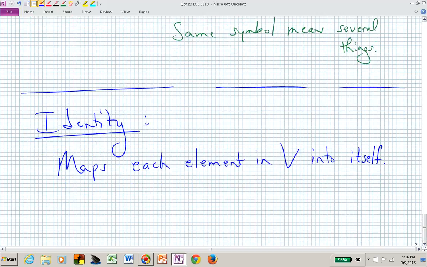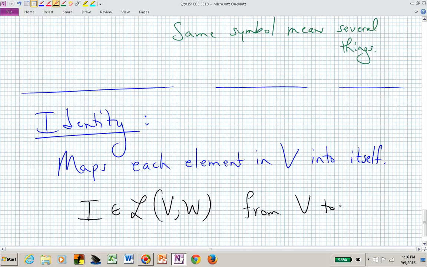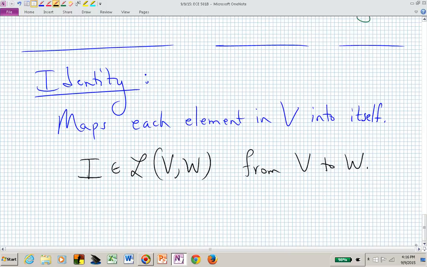You start with a vector V. After the linear map, you get back vector V. And we might refer to that as I, which is a linear map in the set of linear maps between V and V, such that I V, you're not on life support, you don't have an IV, but I V is equal to V. Wow, this allows for a lot of different interpretations.